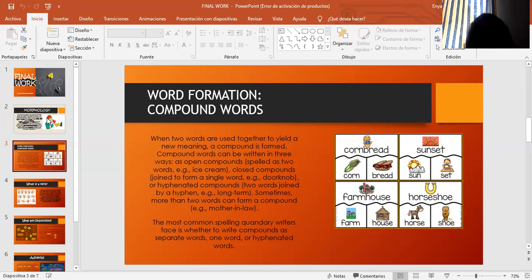The most common spelling quandary writers face is whether to write compounds as separate words, one word, or hyphenated words. Open compounds are created when a modifying adjective is used with its noun to create a new noun. This isn't quite the same as a noun with a modifying adjective.